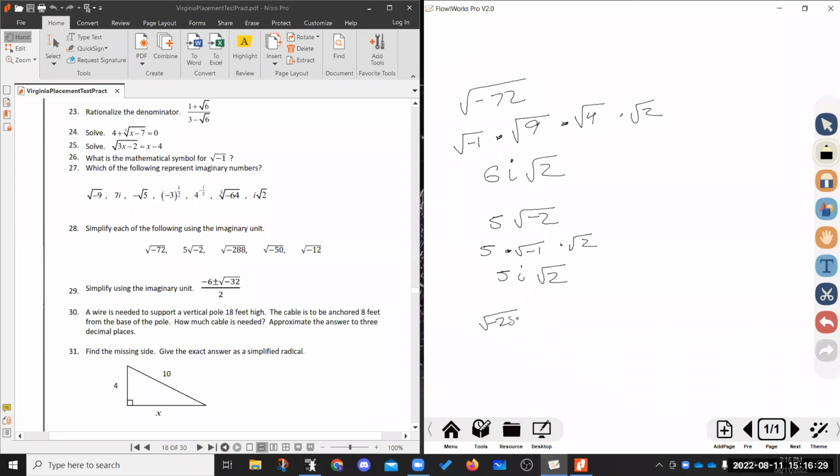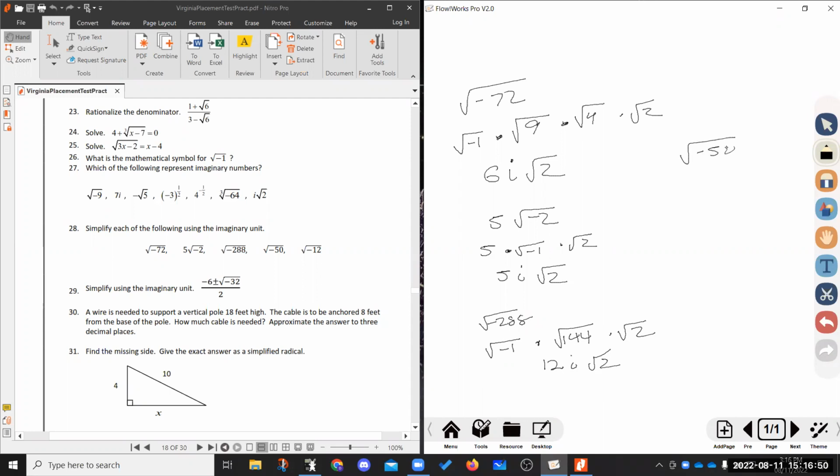Root -288 is root -1 times root 144 times root 2. So this is 12i root 2.